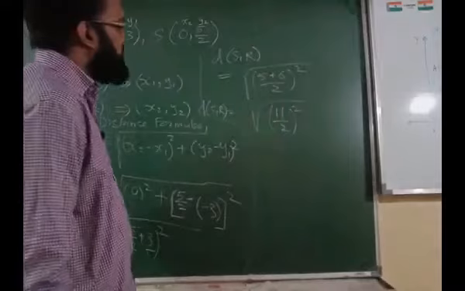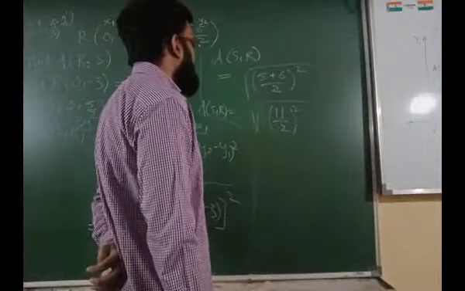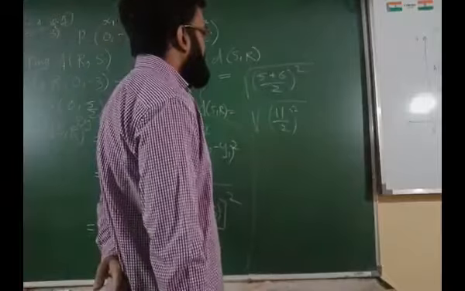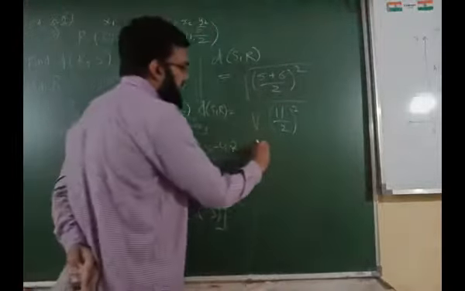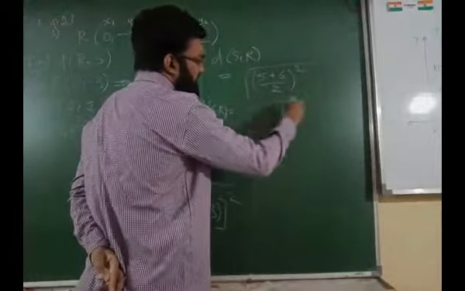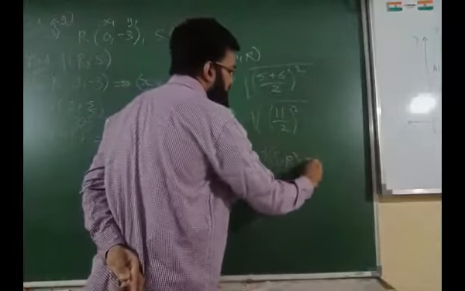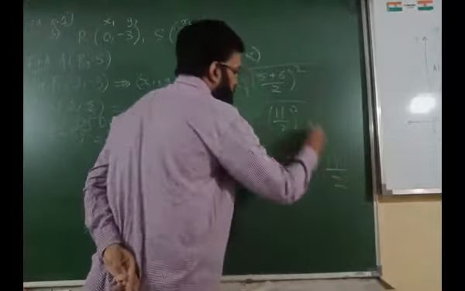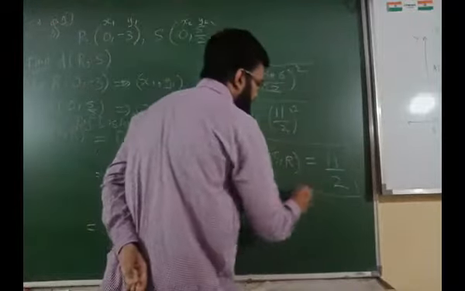So distance s comma r would be, here you cannot do squaring, so that is a wrong step. You simply have to state that this is half power and this is square, so it gets cancelled. No squaring here, I am sorry. That is simply 11 upon 2. So square root and square get cancelled, and this is your final answer.